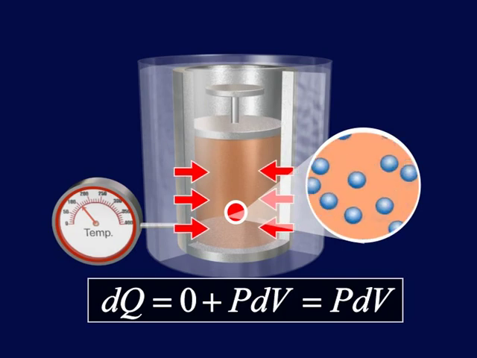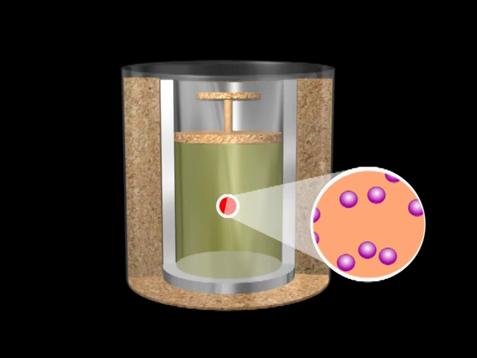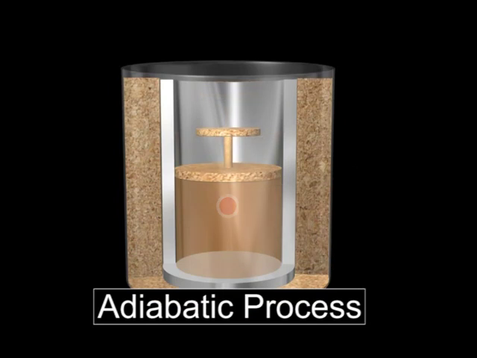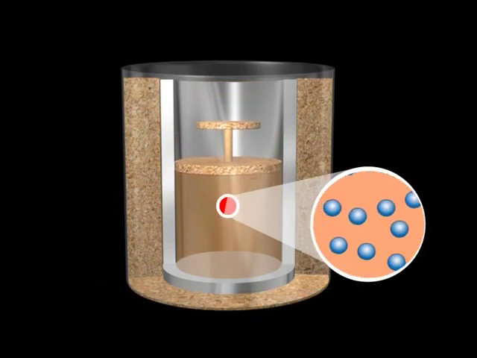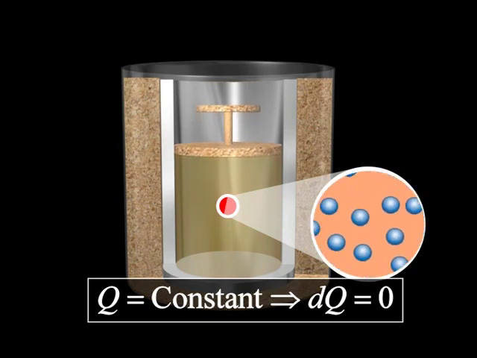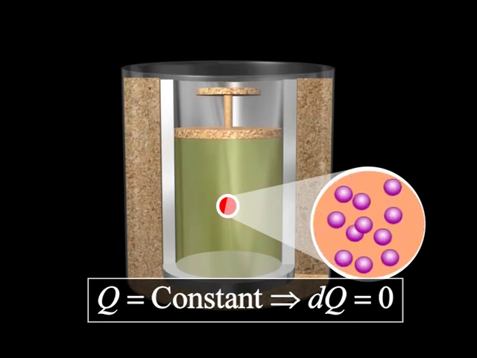against the external surroundings. On the other hand, in an adiabatic process, no heat energy enters or leaves the system. The heat energy remains constant. In other words, dQ would be 0.